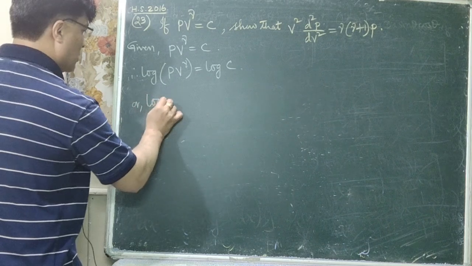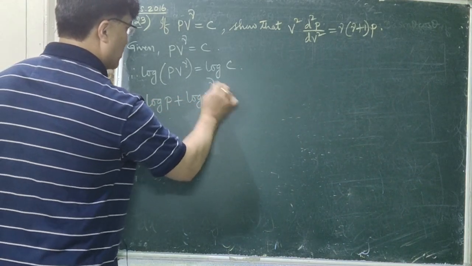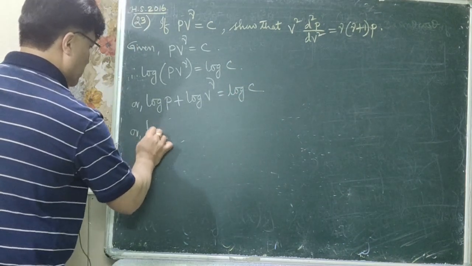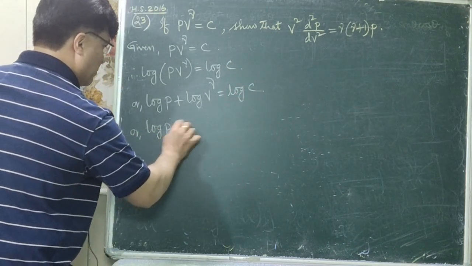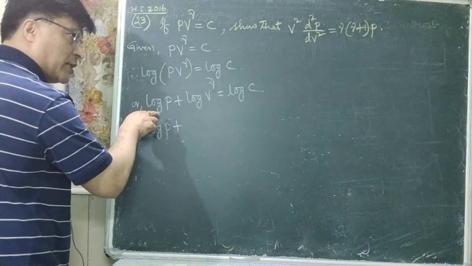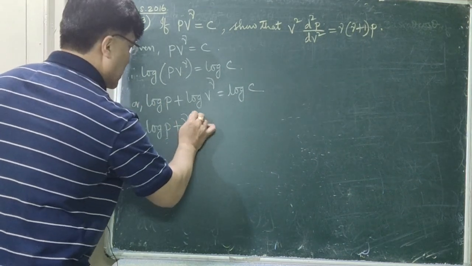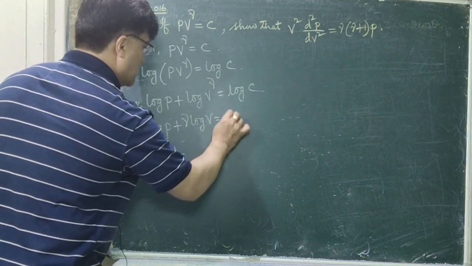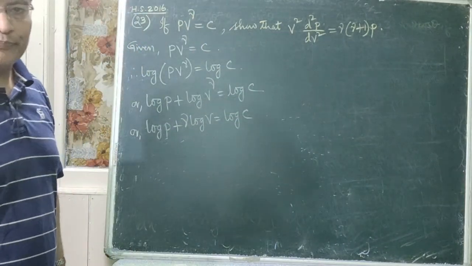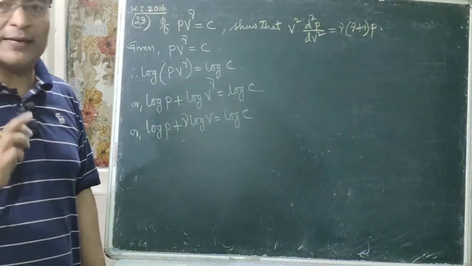Or this is log P plus log V to the power gamma is equal to log C, or this is log P plus gamma log V is equal to log C, because from the properties of logarithm, the gamma power becomes a coefficient. Is that clear now? So now you can differentiate it to get dP by dV.